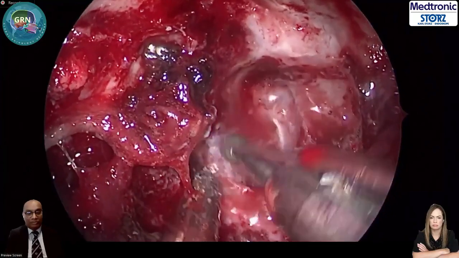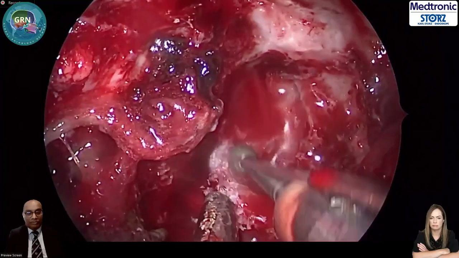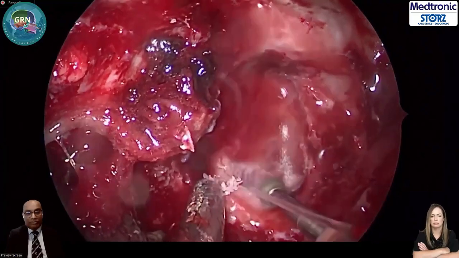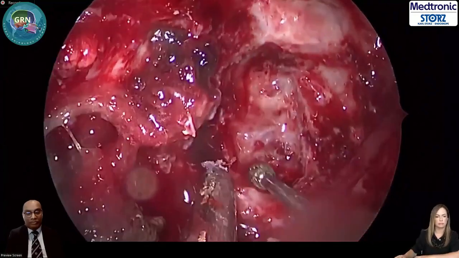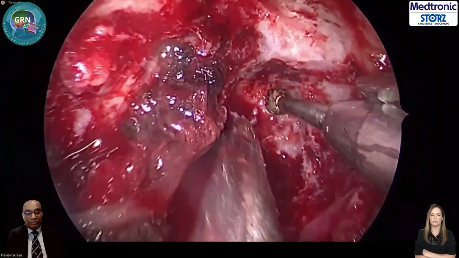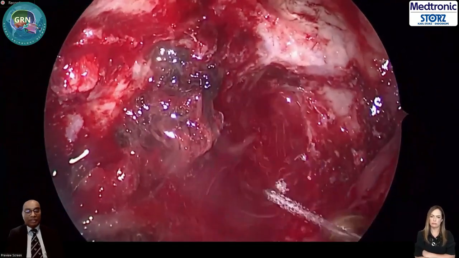That's the mid-clivus. So that's the marrow of the clivus. So can you see that is the mid-clivus and that's the lower clivus by definition.